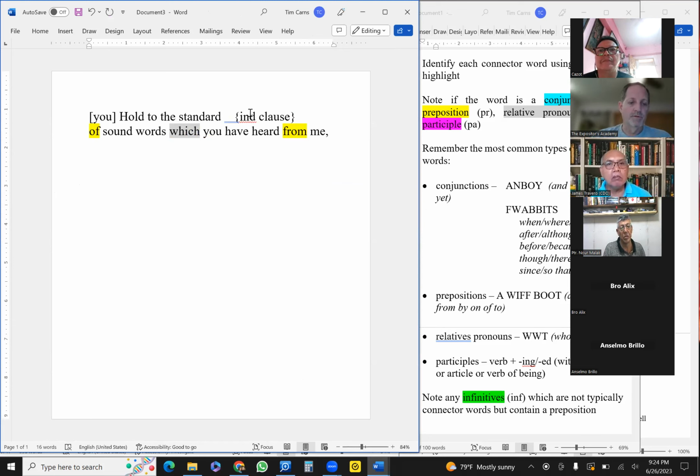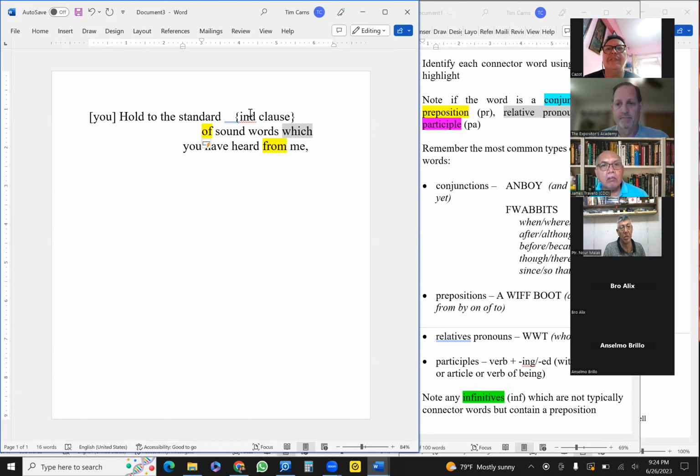Of sound words, that goes to standard. Which standard? What kind of standard? Standard of sound words. Again, we're breaking it up at each connector word. Sound words. Which sound words? The ones which you have heard.